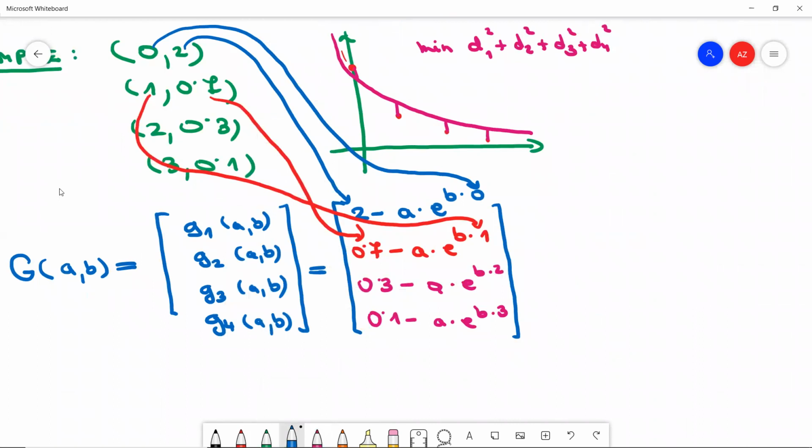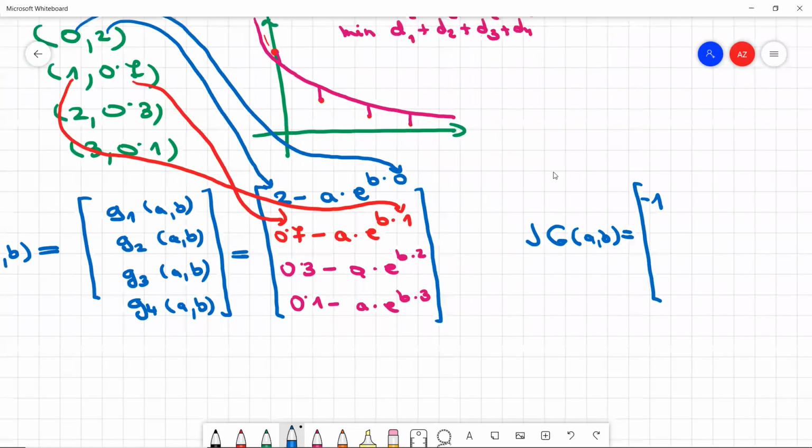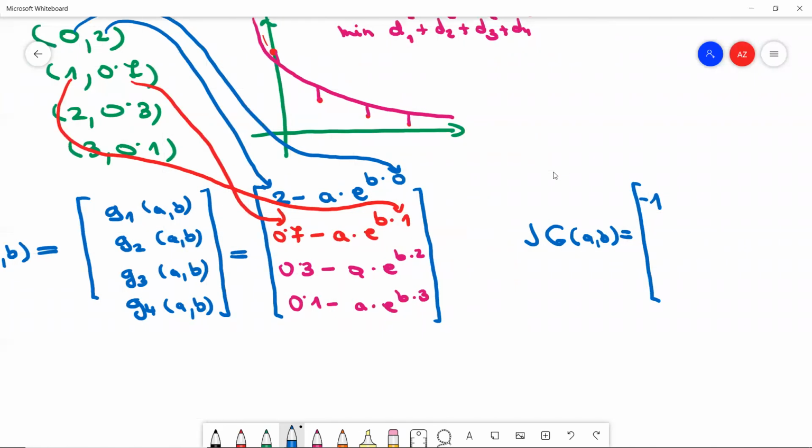And my Jacobian in the point A, B is then, so I have e to the power of b times 0, this is 1, so it's just minus 1. And 0, since e to the power of b times 0 is 1, so this just disappears from the first equation.